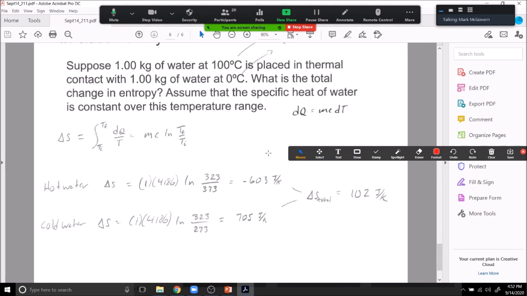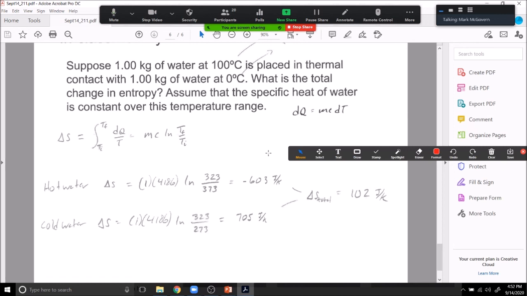What's the total change in entropy, assuming that the specific heat of water is constant over this temperature range? Well, we know what's going to happen here. We're going to end up with 2 kilograms of water at 50 C. So we get into an equilibrium.